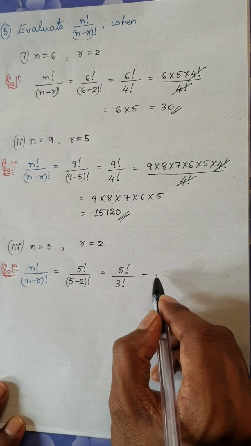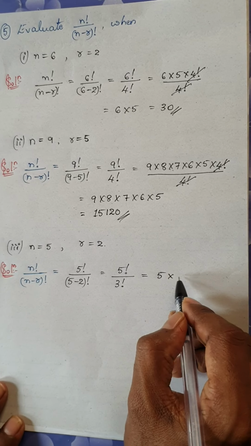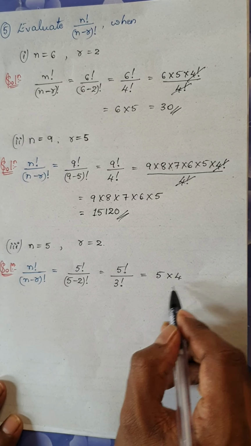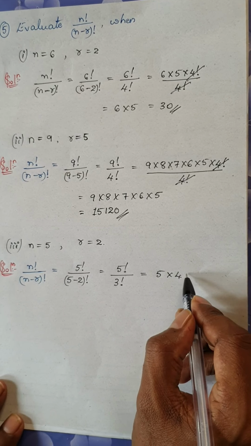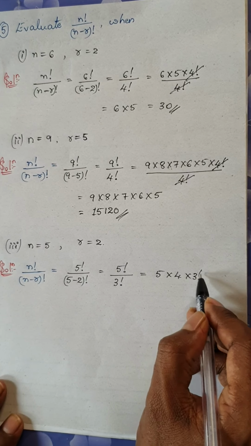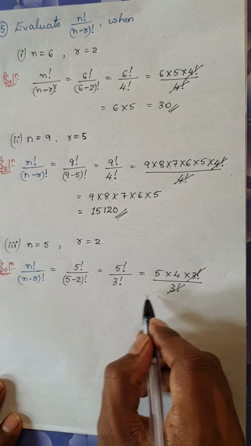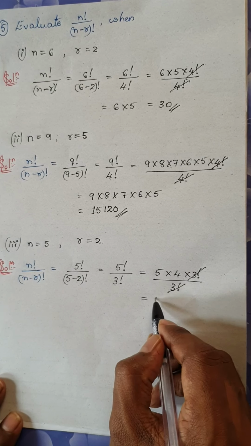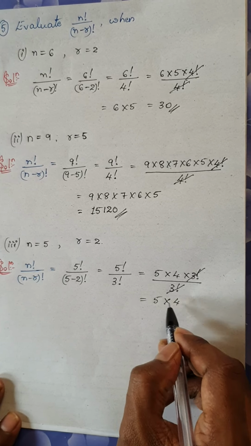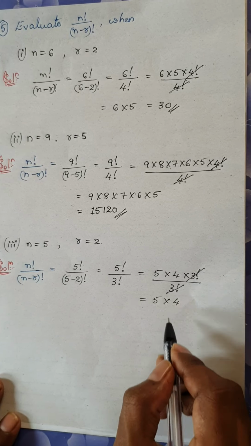I can write 5 into 4. This is enough for me. Even if you directly write 5 into 4, that is enough because it's a 1 mark question. Steps will not carry any marks. The final answer is important. If you expand also, you are going to get 5 into 4. We know 5 fours are 20. This will be my final answer.